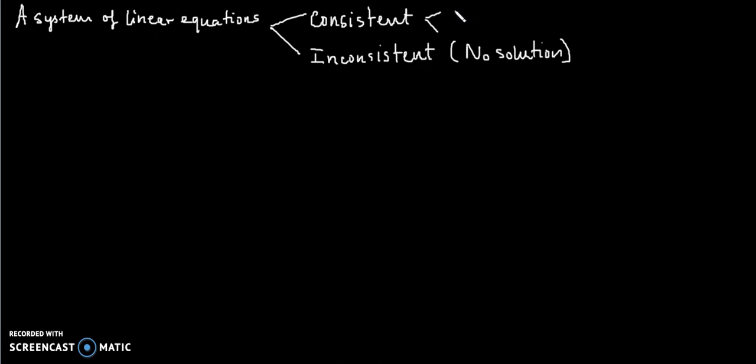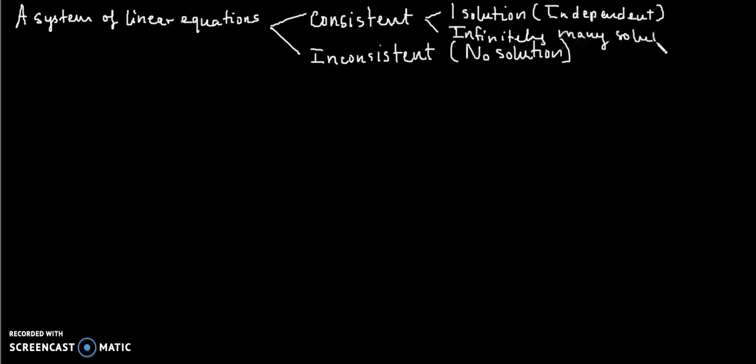One is that the system has exactly one solution, and we call this type independent. The other is that you have infinitely many solutions, and in this case it's called dependent.